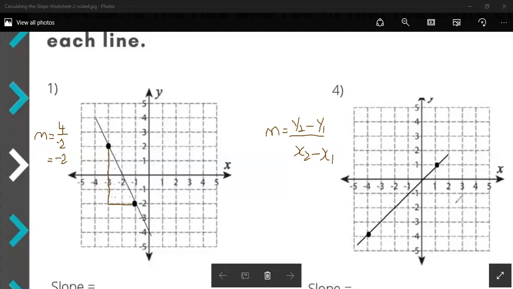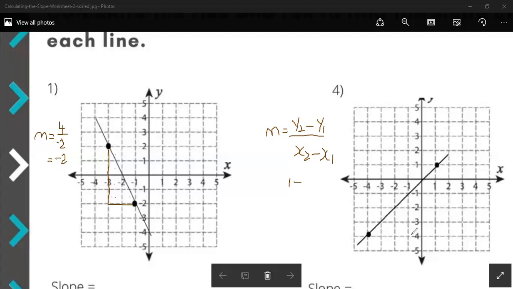So let's look at this now. What is y2? Well, y2 is our first value at the top here, and that is 1. So y2 is 1. And we're going to take from that y1, which is -4.